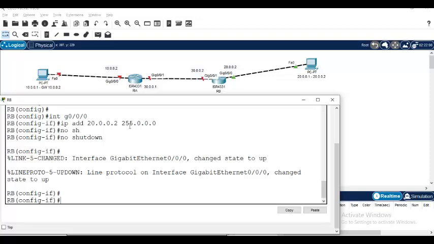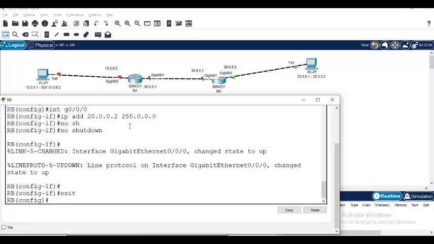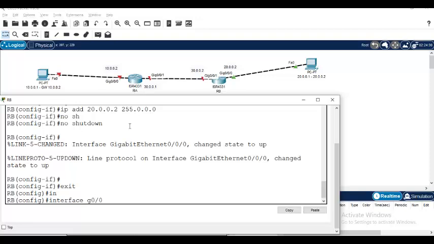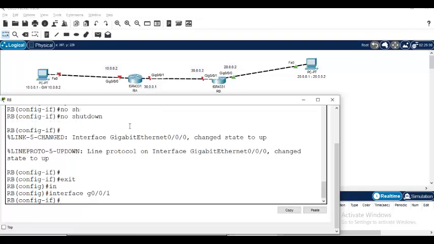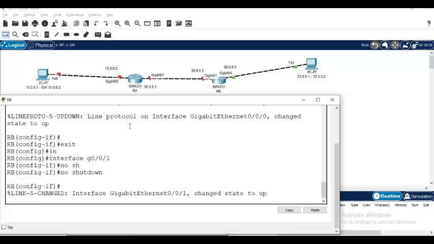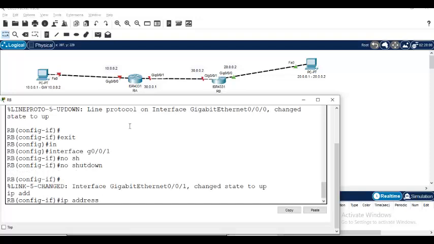There is another interface now, G0/1, no shut. IP address is 30.0.0.2, 30.